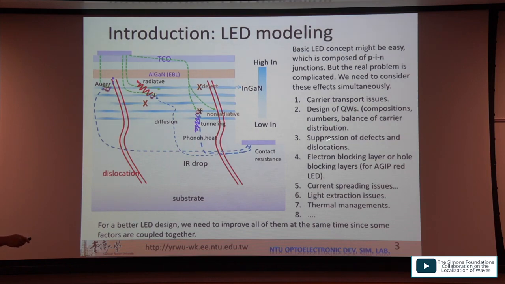And you need to consider defects and dislocations, and even the leakage related to them, the electron blocking layer, the current spreading layer, and finally something not related to the electrical problem, light extraction. And also thermal management.